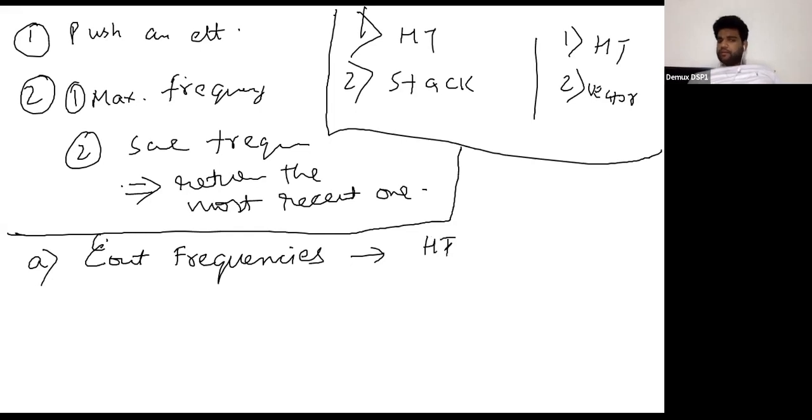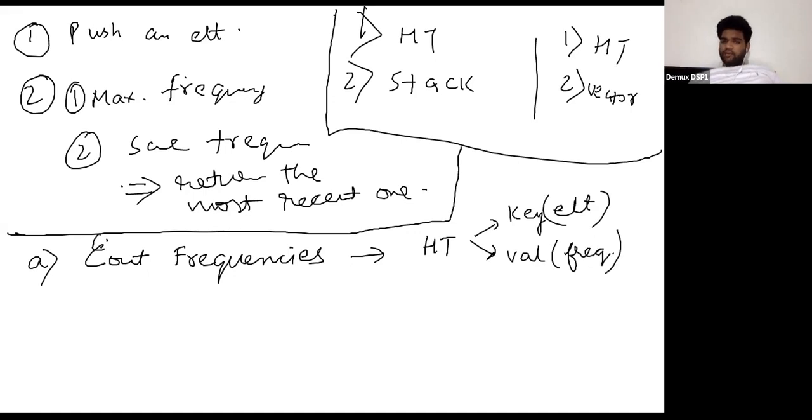Just keep a hash table, where the key is the element itself and the value is the frequency. So whenever you insert, you can simply do m of element plus plus. That way you will be able to keep track of the frequency of every element. You need the frequency, obviously. That's the first thing.